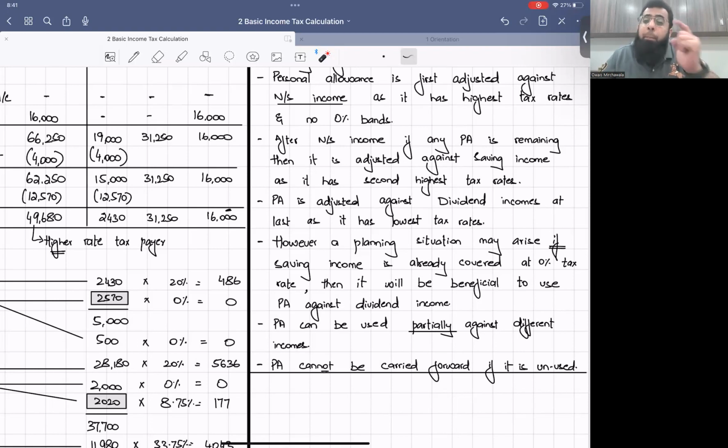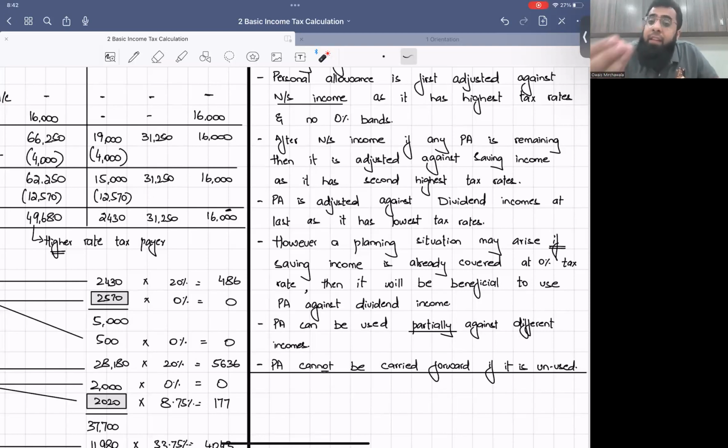But now there is one planning situation. If your saving income is already covered at the 0% band, then don't waste allowance against it. See, if something is already being taxed at 0%, why waste allowance against it?